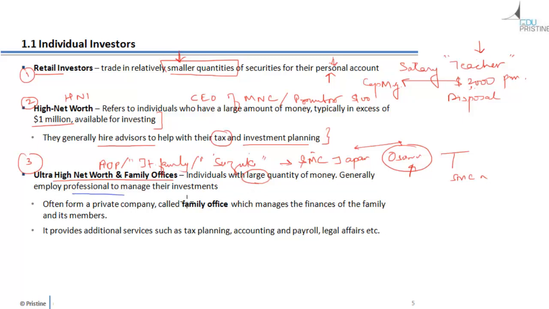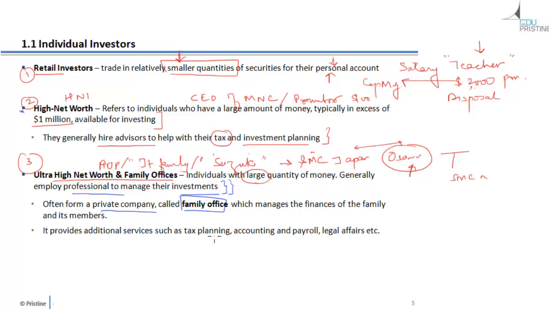They generally employ professionals to manage their investments. While an HNI will not get into the investments in too much detail, the ultra HNI is really neck deep in the business of investment, because by and large their main profession becomes investment. They often form a private company known as a family office, which manages the family's finances.